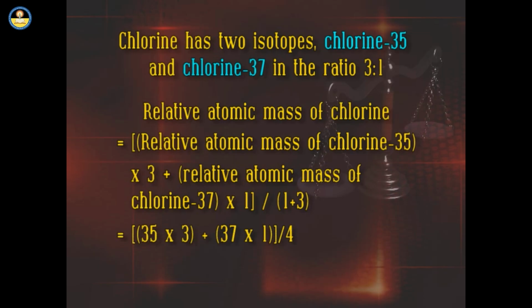This is equal to 35 multiplied by 3 plus 37 multiplied by 1, whole divided by 4. This again is equal to 35.5, which is not a whole number.